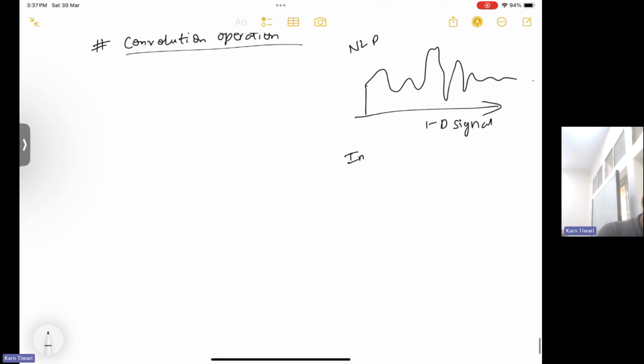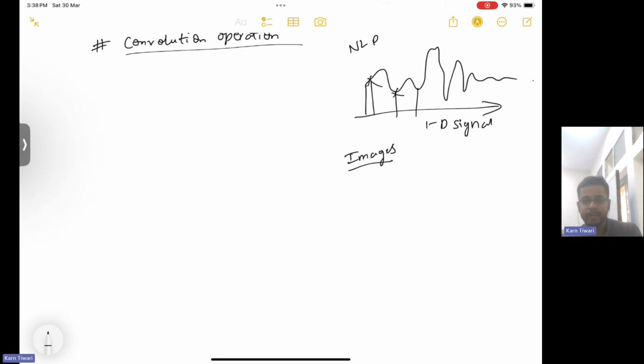In NLP, we have each and every token, because one word comes after the second word and the third word, and each word has a certain vector form. So you can interpret it, as I mentioned, as a 1D signal. But in images, we don't have time as a dimension.